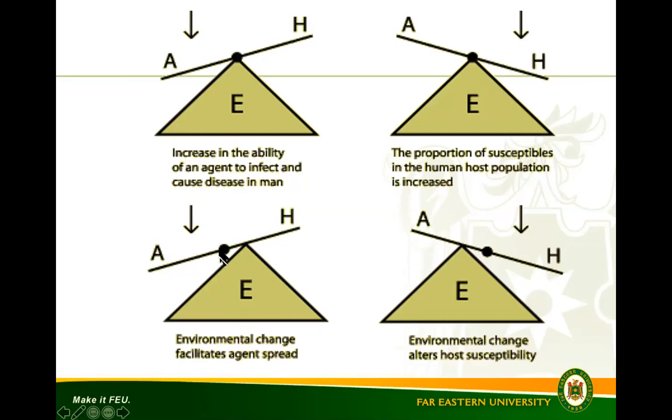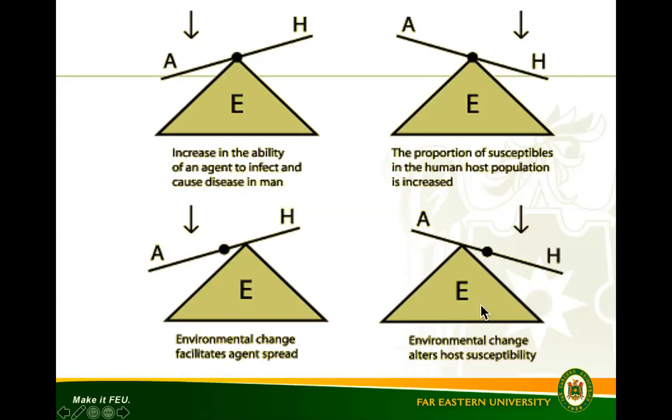So it's not favoring the host, but actually moving away from the host, from the agent. So the agent is heavier now because the environmental changes have moved away from the agent, thus providing it more weight, more chances for spread.